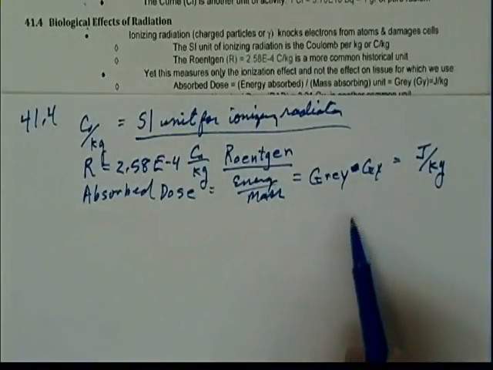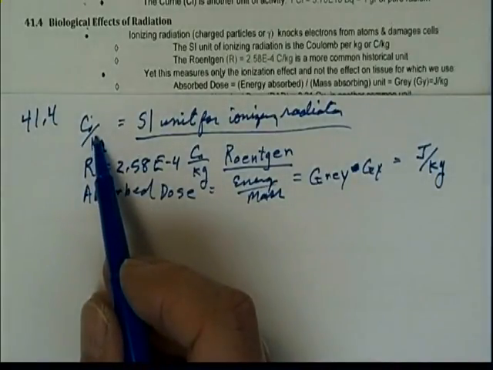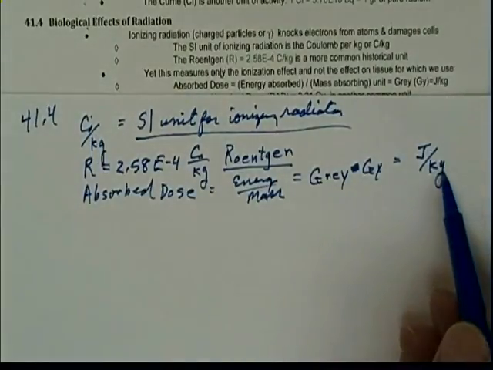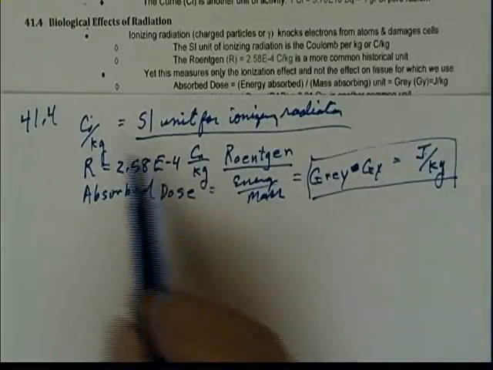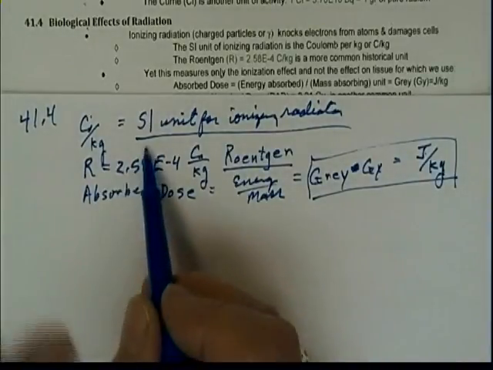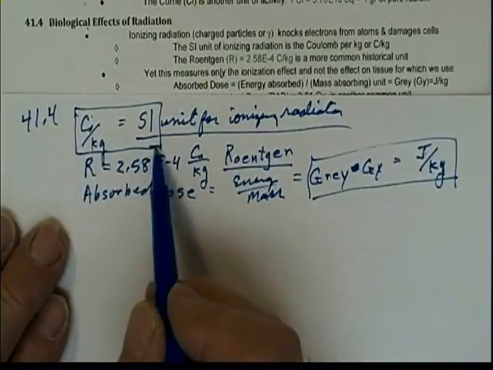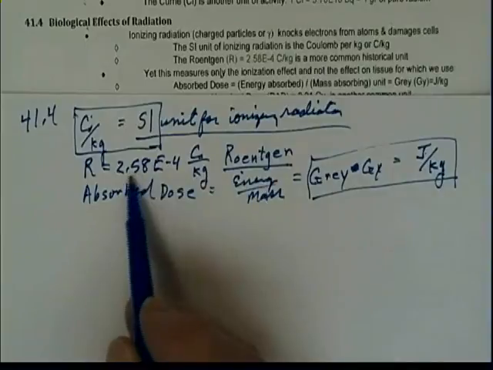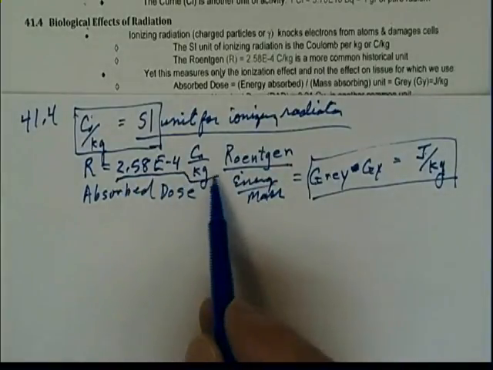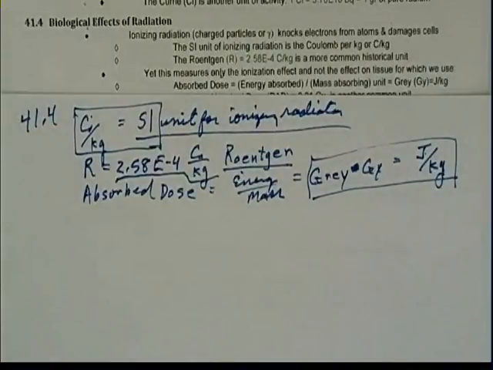You can say, well, I can understand how this is a reasonable unit. Back here we're looking at how much charge is knocked out, but here we're looking at how much energy is absorbed, in joules per kilogram, and that's called a Gray. You need to certainly remember a Gray, and you certainly need to remember this SI unit here, but it doesn't have a special name. For the Roentgen, you do not have to remember what this value is, but remember that it's in terms of charge per kilogram.